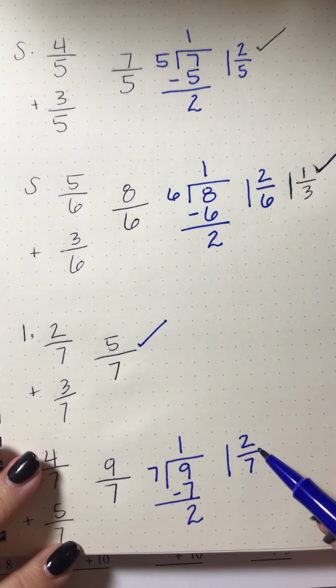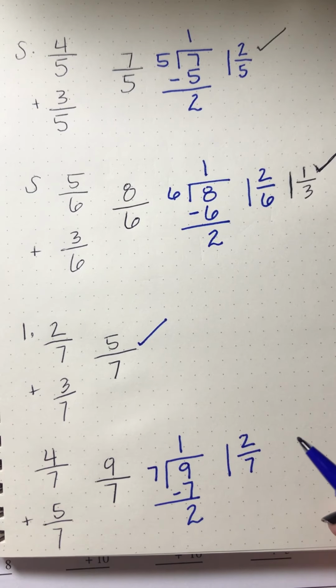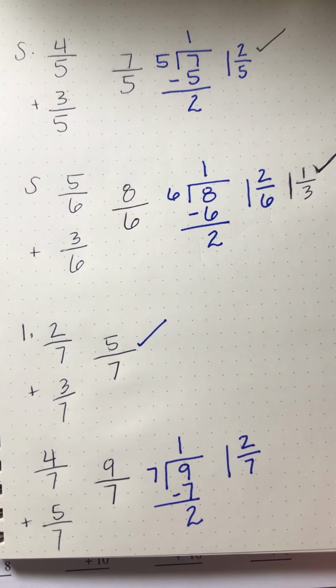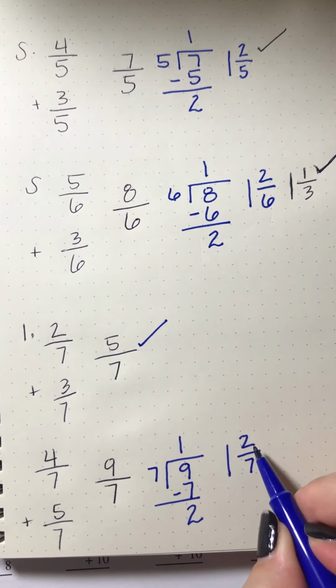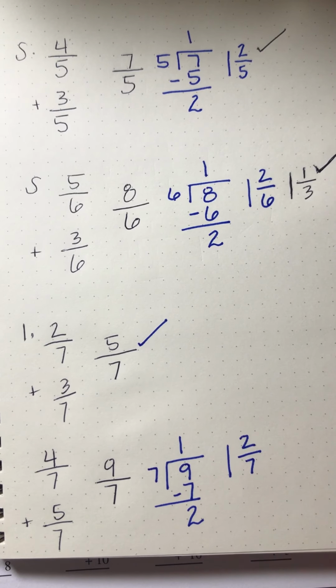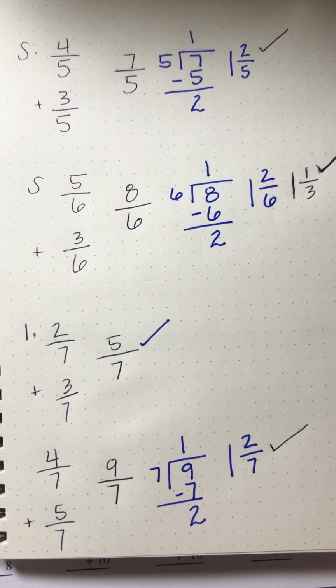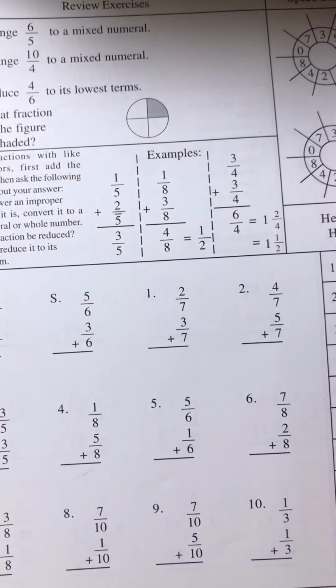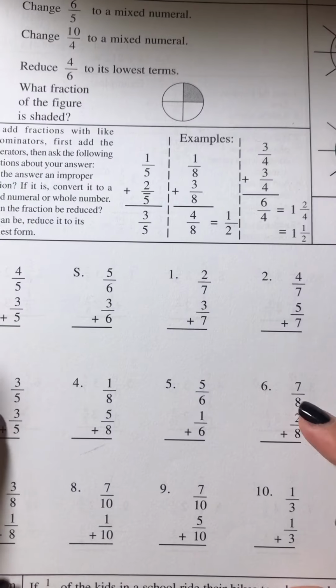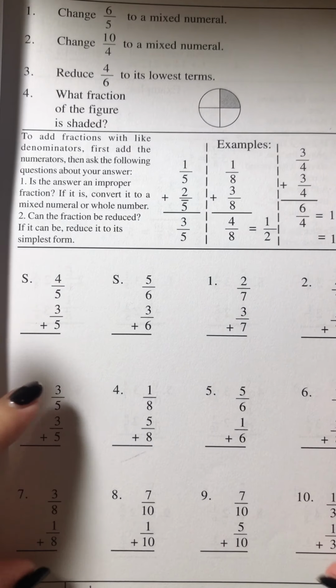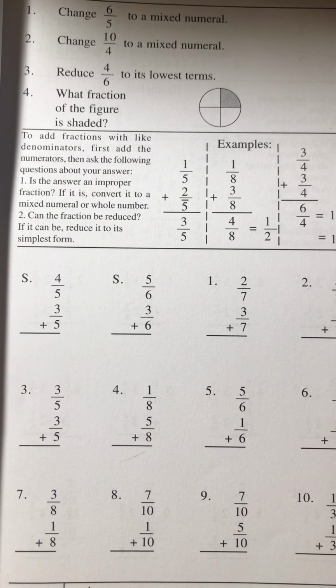Can we reduce 2 over 7? There are no numbers that fit perfectly evenly into 2 and into 7. So this answer is correct. There's no reductions necessary. So you just have these 8 questions to work on. I want you to work really hard on these. Write them out.